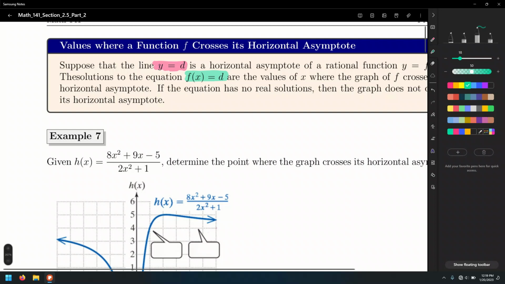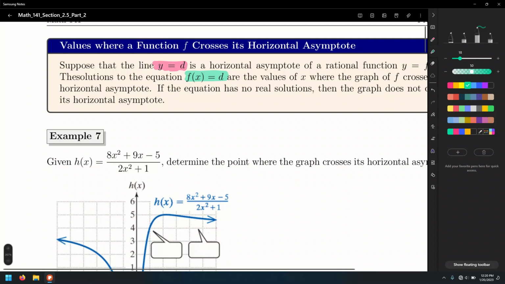There's a couple of possibilities. Number one, if the equation has a solution, whatever that x value is, that's the x value where the horizontal asymptote intersects the function. Otherwise, if we have no solution, which is quite possible, then there's no intersection point between that rational function and the horizontal asymptote.